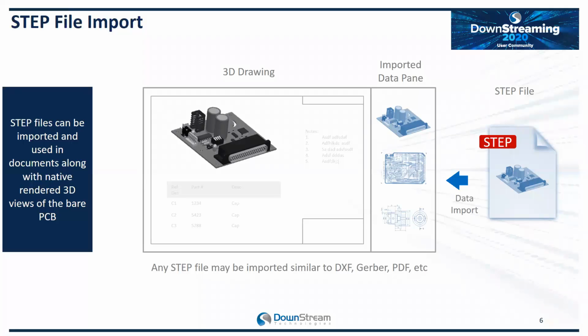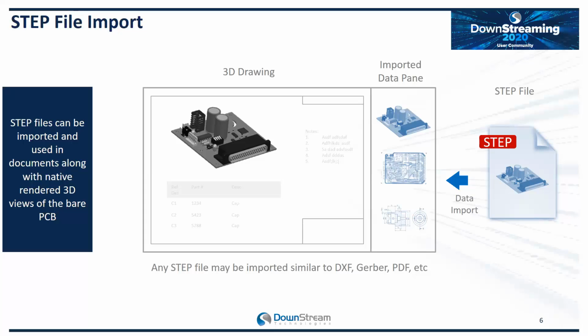What we do is we render the 3D view from the component outlines, from all the layer information, drills, routes, and so on, and the component information, the outline and the height information in the imported design database.